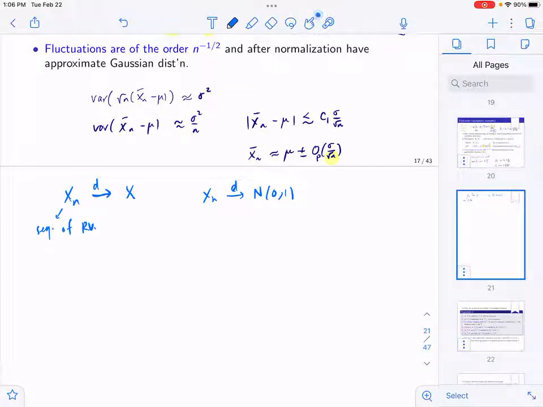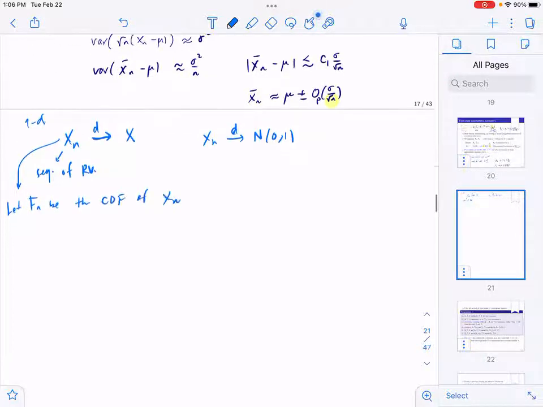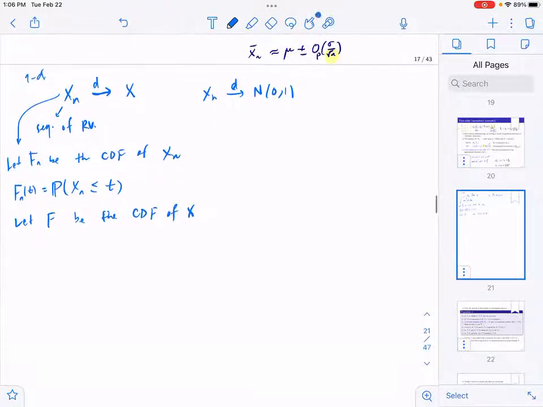This is also valid because the statement is about distributions. So if this is univariate, so 1D, let Fn be the CDF of Xn, basically the probability that Xn is less than or equal to t, that would be Fn(t). And let F be the CDF of X. Then what can I claim?